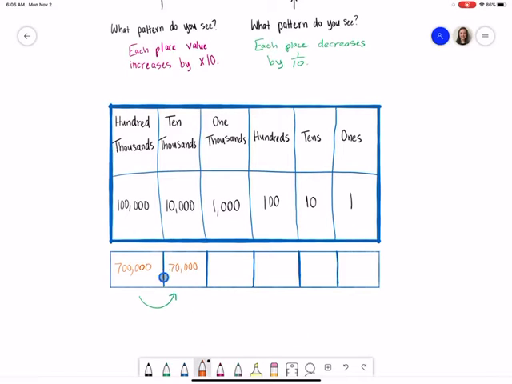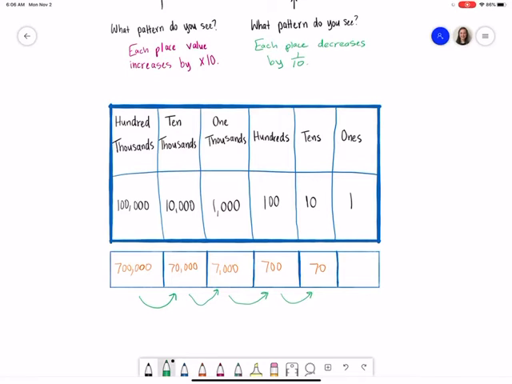Also realize what I'm doing with my zeros, okay? So pay attention to the zeros. We're going to move down one. Think about to yourself. 7,000. Next one is 700. Next one into the tens. 70.